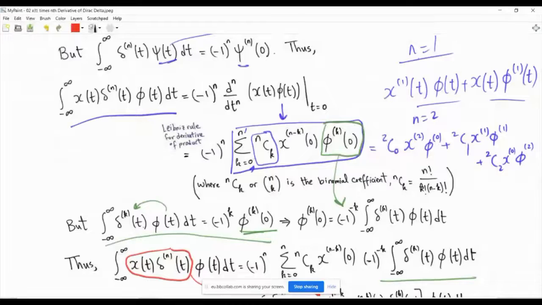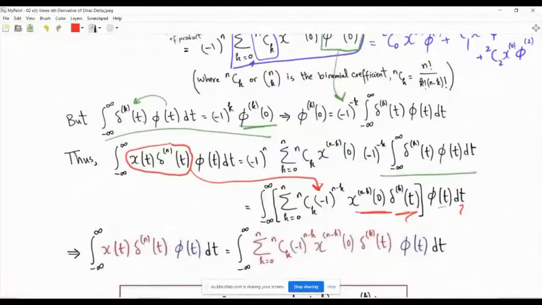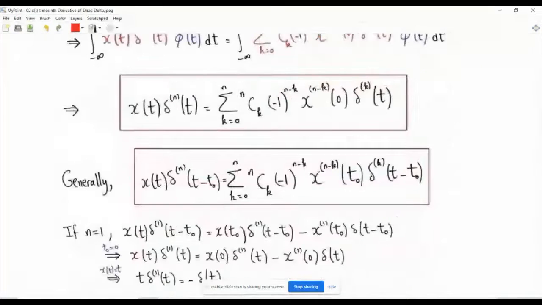Then take the derivatives of phi and express those derivatives as integrals involving phi without differentiation multiplied by the derivatives of the Dirac delta. Then match the left and right hand sides and say that this thing here, x of t multiplied by the nth derivative of the Dirac delta, is given by this summation here with n plus 1 terms.